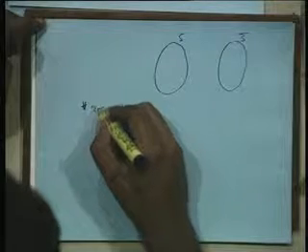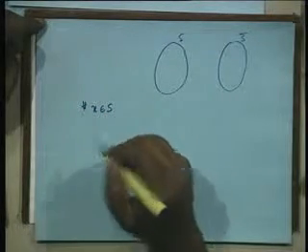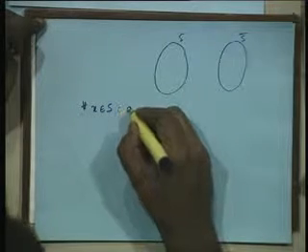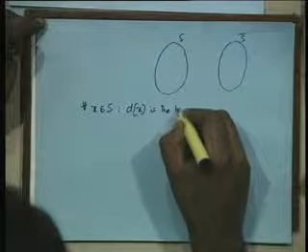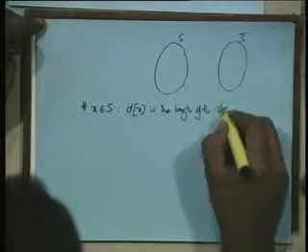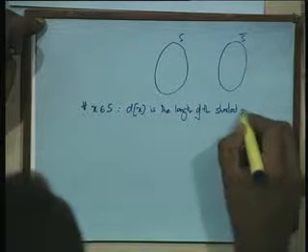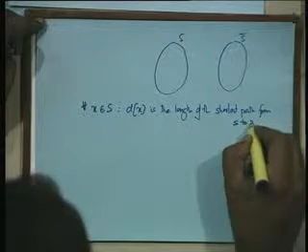for all x in S. What should I write after this? D of x is the length of the shortest path from S to x.